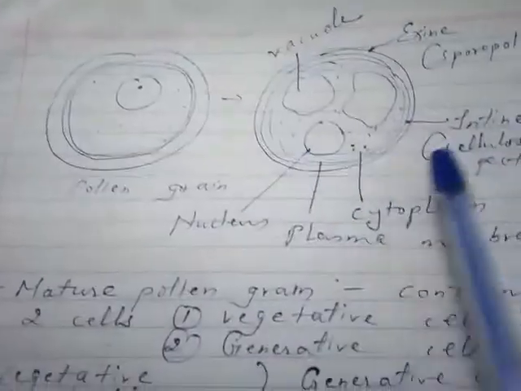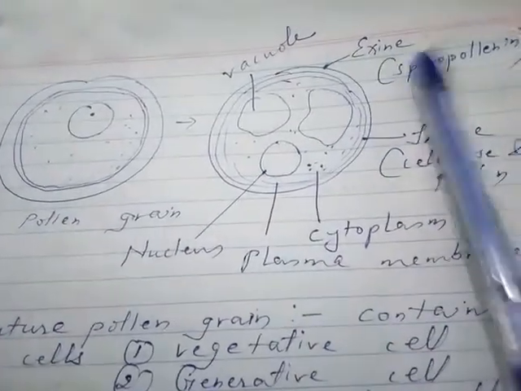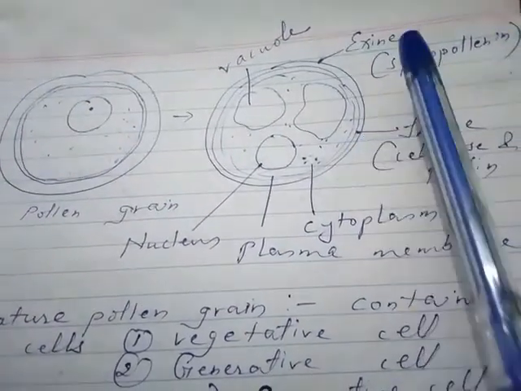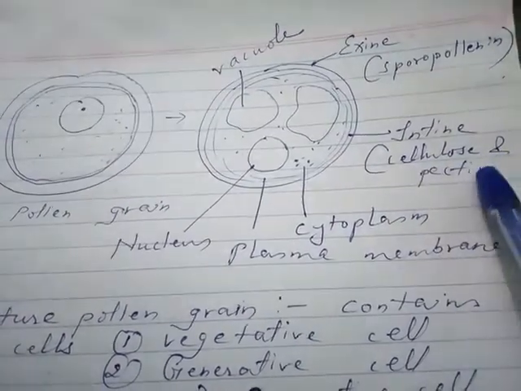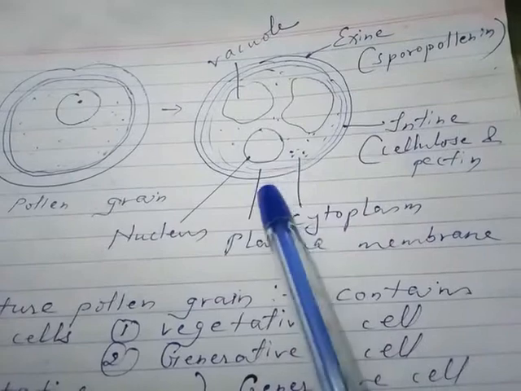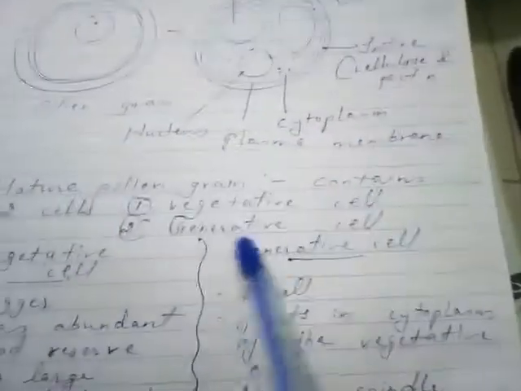So here in the diagram, vacuoles are present, the exine wall is present, the intine wall is present; the exine is made up of sporopollenin, the intine is made up of cellulose and pectin; cytoplasm, plasma membrane and nucleus are there in the pollen grain.